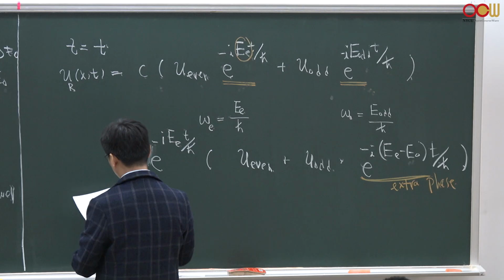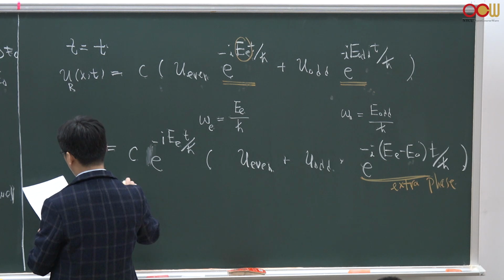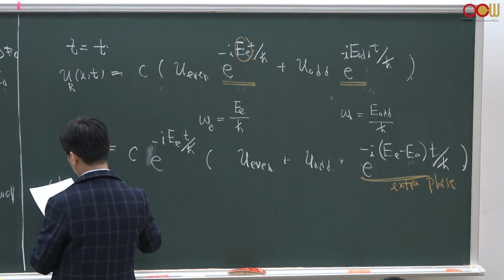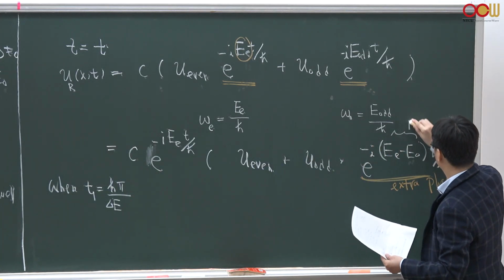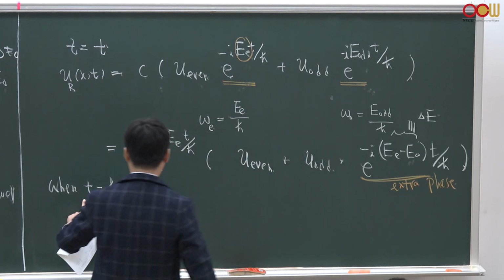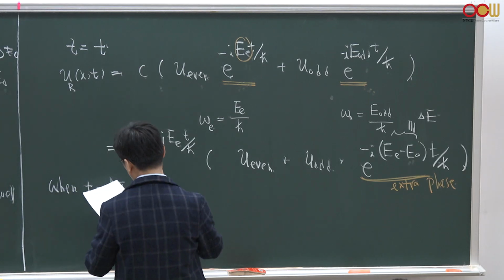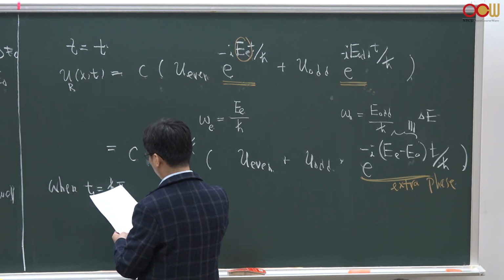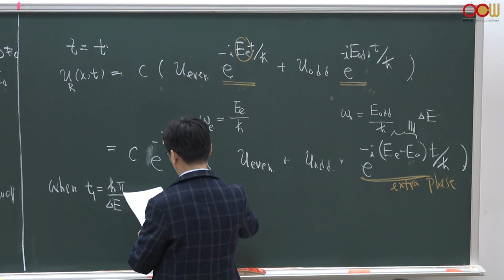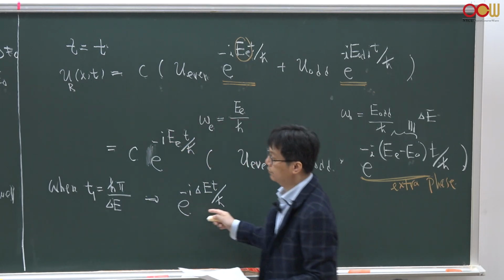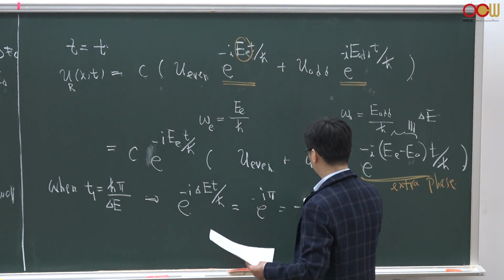And you can see that when your time goes to t1, which is h bar pi over delta E, where delta E is the difference between E even and E odd, then you'll find that the state is exactly on the other side of the well, because this extra phase factor is e to the minus i pi, which is minus 1.